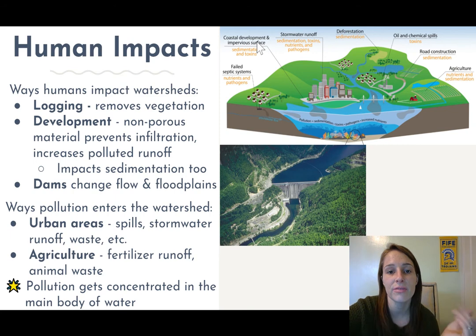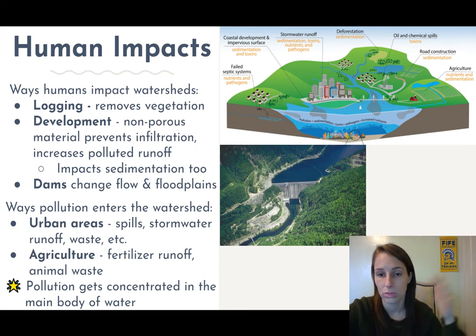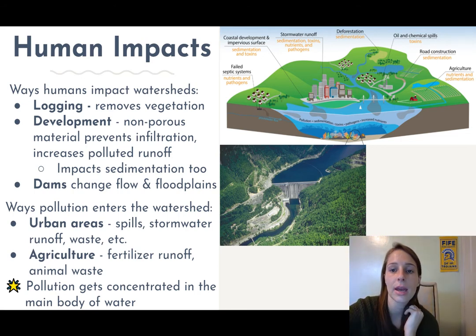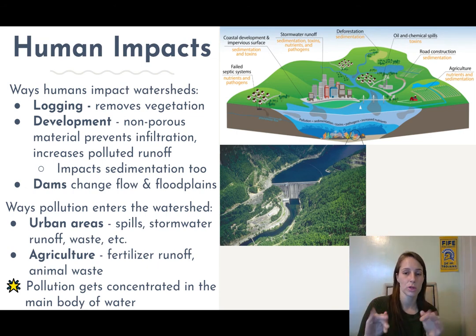You can have development right next to lakes and rivers, and that's going to be causing things like runoff where toxins can get in. Deforestation, even up in the mountains, is going to make it so that you're having more soil erosion and sedimentation is getting into that watershed and flowing down. You can have road construction, agriculture, kind of all of those things.